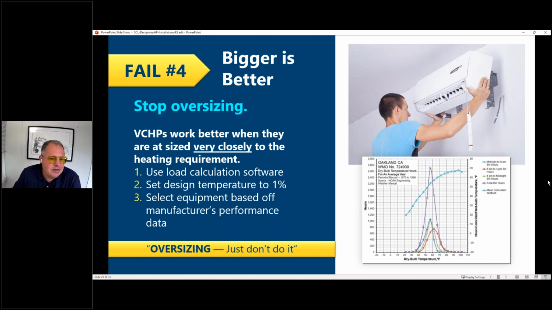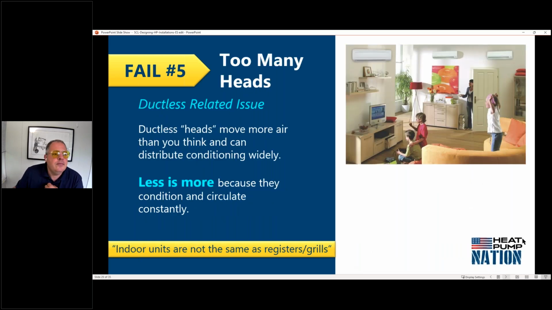And nothing good comes from that. Comfort is sacrificed, energy efficiency is sacrificed. So bigger-is-better thinking is really one of the most common fails I see contractors making. If you trust your load calculation and do good design work, trust the numbers, and you won't fail.